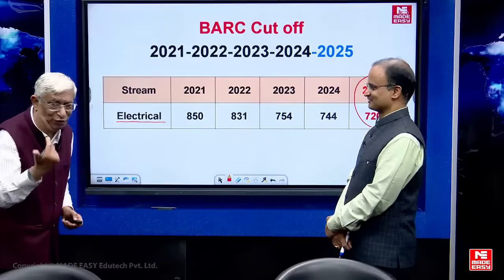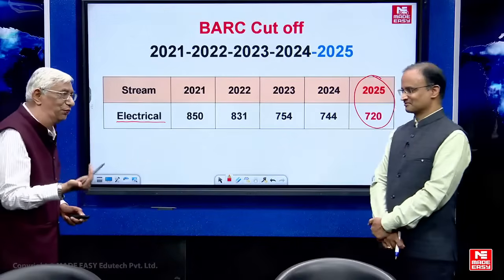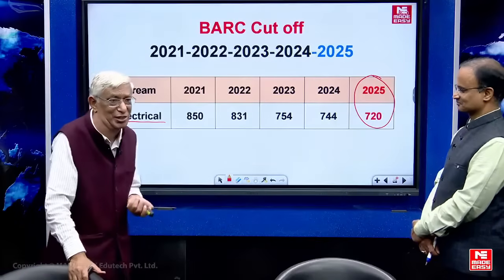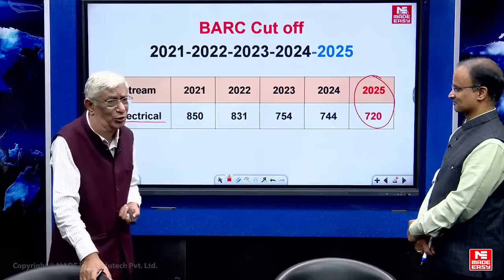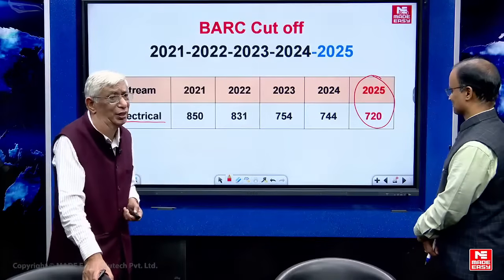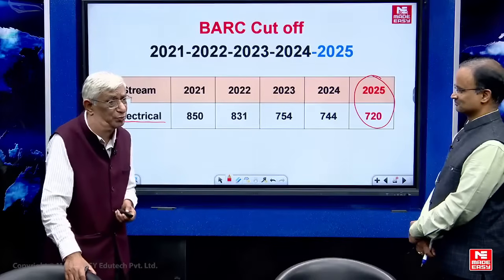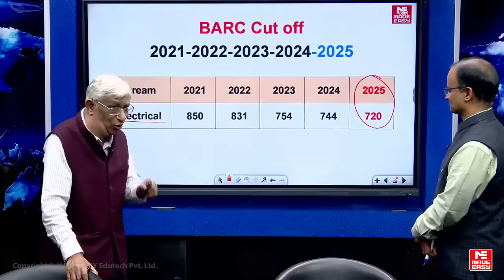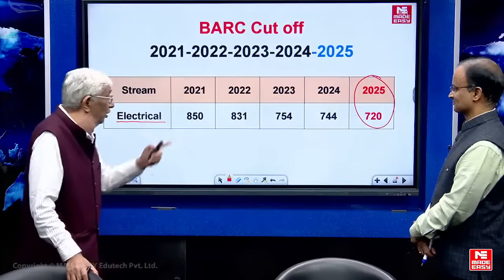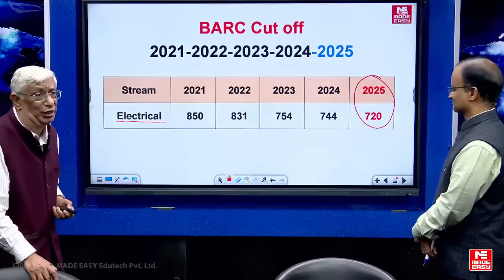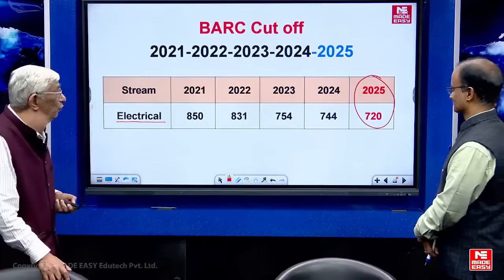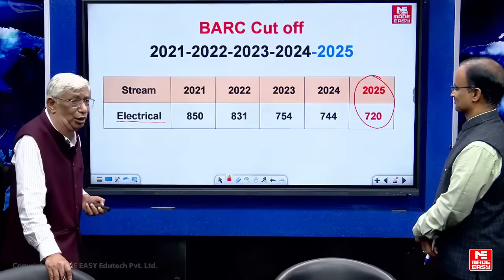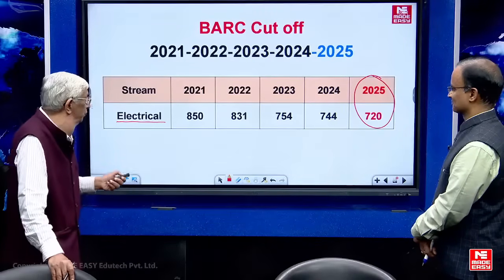In fact, when I conduct the session for BARC specifically, I will be discussing the number of vacancies, the possible selection ratio, and also giving you an insight into the list of preferred subjects you should be preparing, where the focus is more, etc. But not during today's session. This number 720 is important. It was the GATE cutoff for the previous year's shortlist for appearing in the interview process.